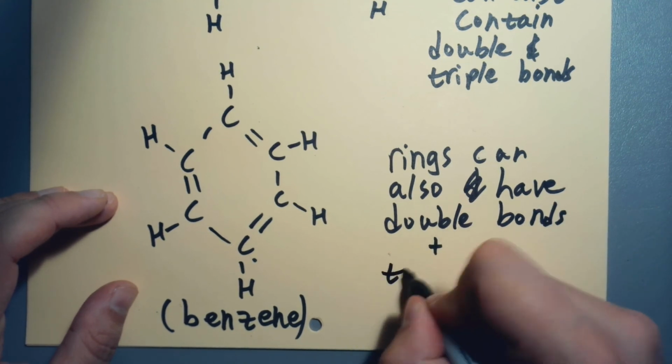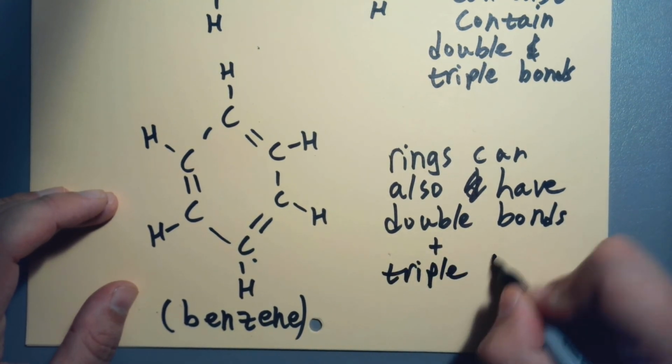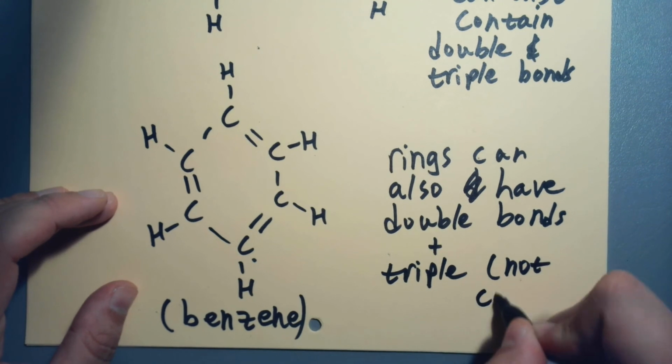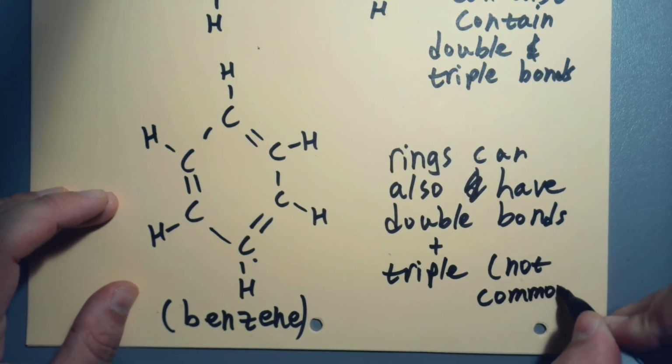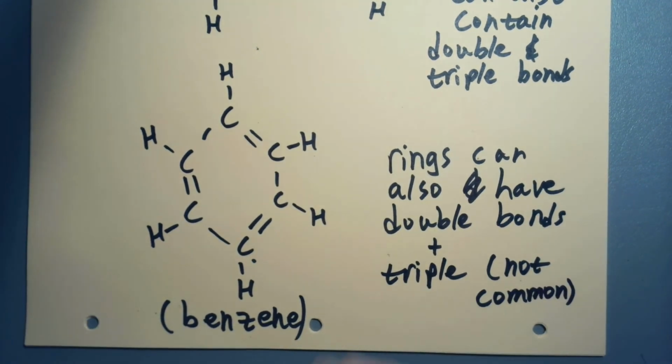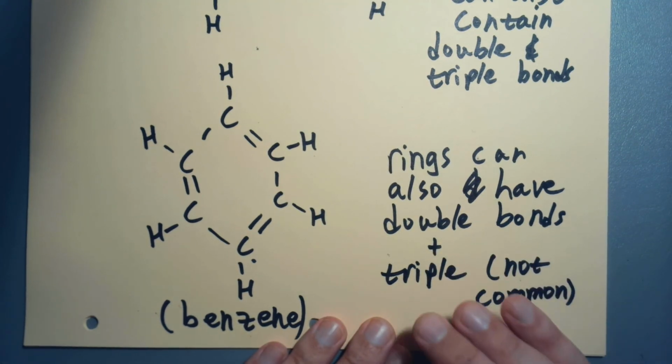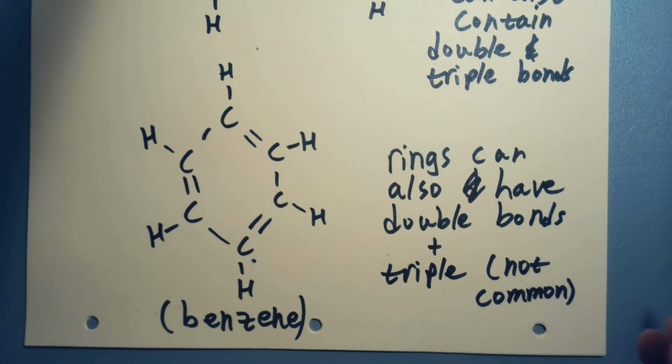And triple as well, but not common. I'm not aware of a lot of triple bonds in rings. There's a geometry issue with that we're not going to talk about, but it's theoretically possible. In reality, it doesn't come up very often. It would be a very unhappy, extremely reactive molecule.